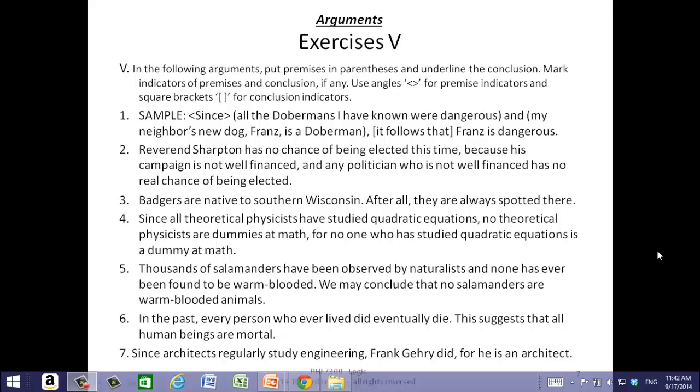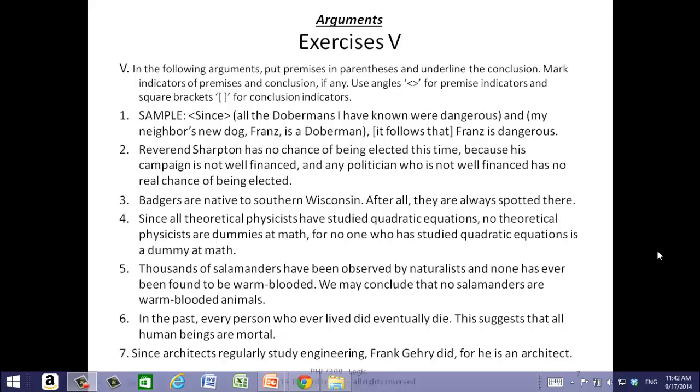First of all, the goal of all this is to identify the premises and the conclusions, and in addition to this, I'm going to actually ask you to think about putting the arguments that we see in these examples in standard form. But they're asking us to do a couple things. That is, underline the conclusion.